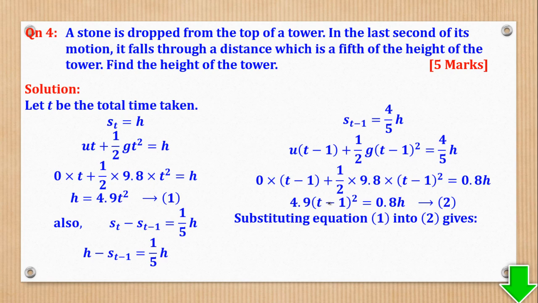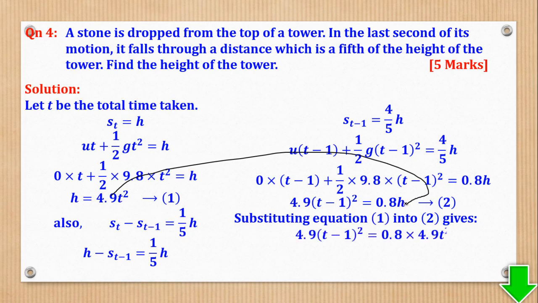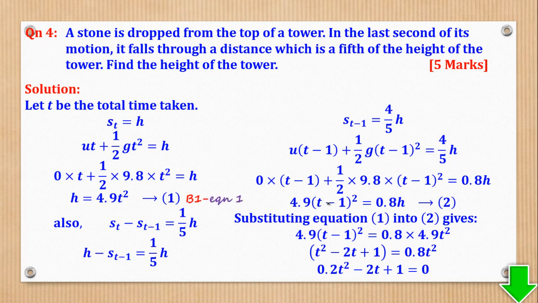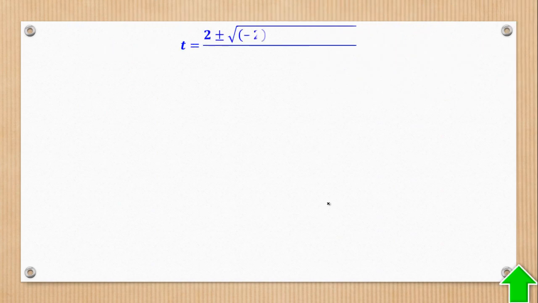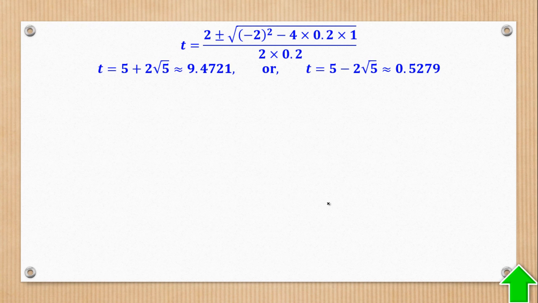I can now solve them simultaneously. Let me substitute equation 1 into equation 2. Where there is h, I put 4.9 t squared. Open brackets, collect like terms, you'll get a quadratic equation. So we can now solve that quadratic equation to get the value of t and then finally the value of h, which they wanted. So those are the 2 values of t, but one has to be eliminated. Why do we eliminate that?